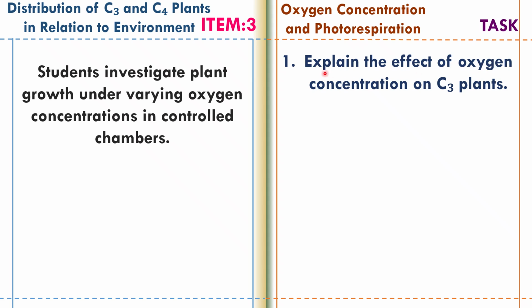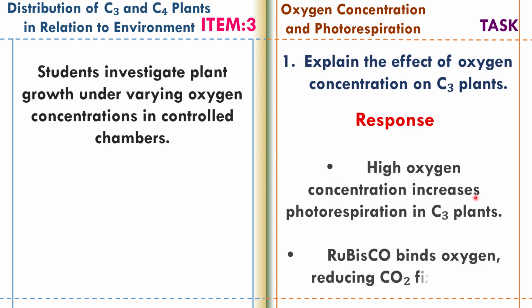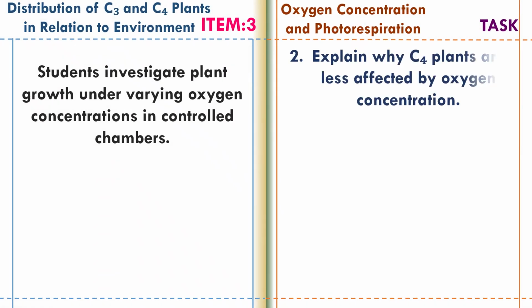Explain the effect of oxygen concentration on C3 plants. High oxygen concentration increases photorespiration in C3 plants. Rubisco binds oxygen, reducing carbon dioxide fixation. Explain why C4 plants are less affected by oxygen concentration.